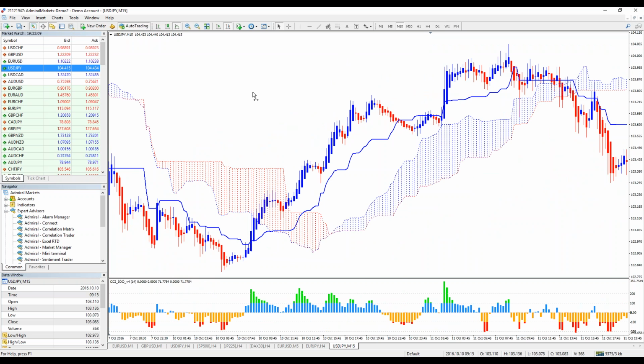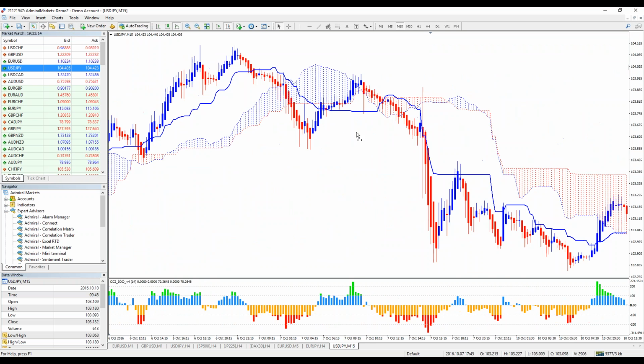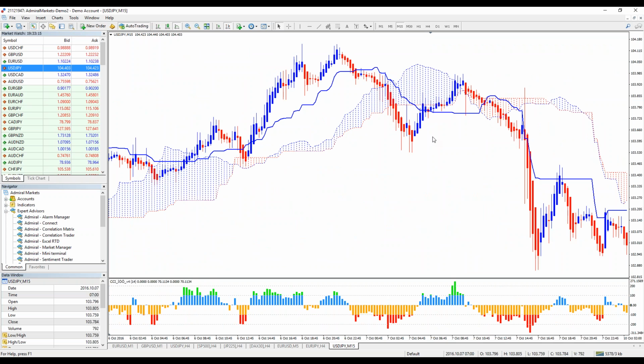you need to set it up like this. Okay? So what is the primary purpose of this system? Primary purpose of the system is, as I said before, we want to buy lower and sell higher. But for that, we need original rules to be respected.